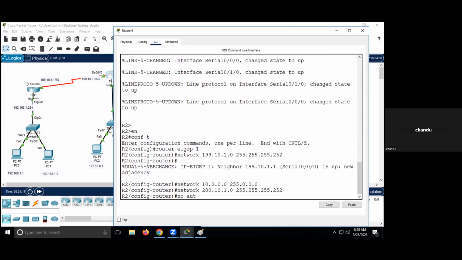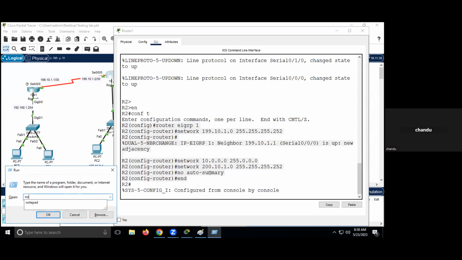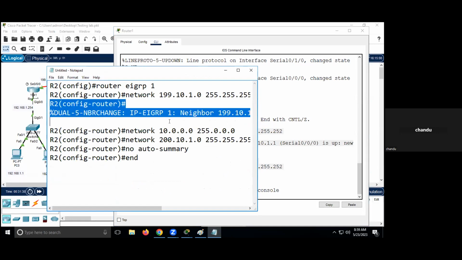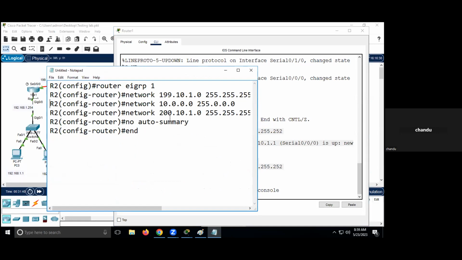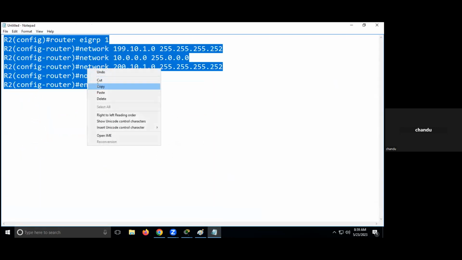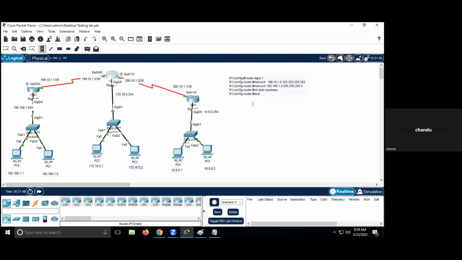Type the command no auto-summary. In case of router.